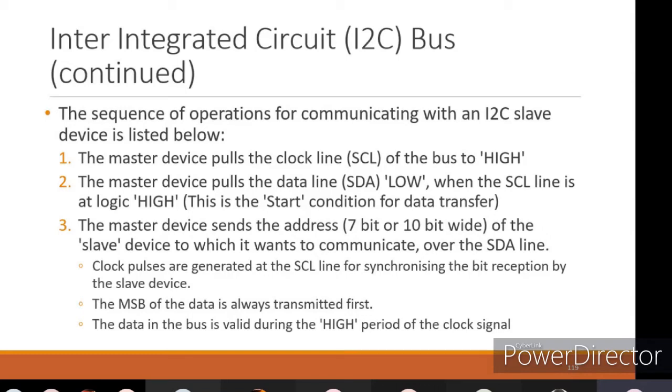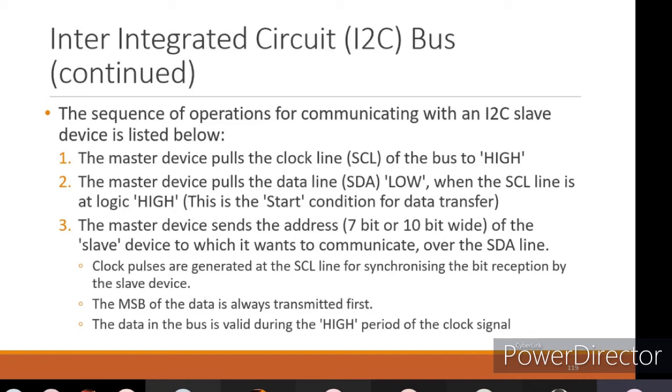The master device pulls the data line, that is SDA, low when the SCL line is logical high, and this is the start condition for the data transfer. Whenever the SCL line is high, you have to make the data line low.